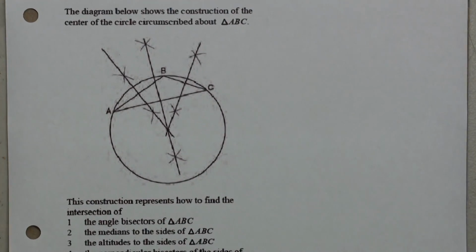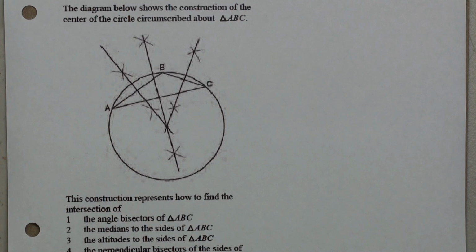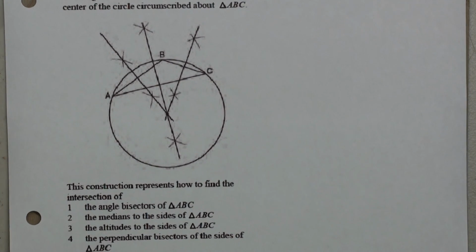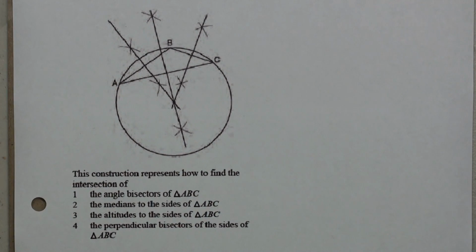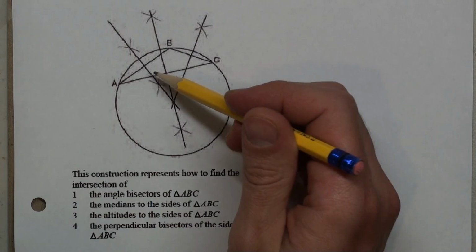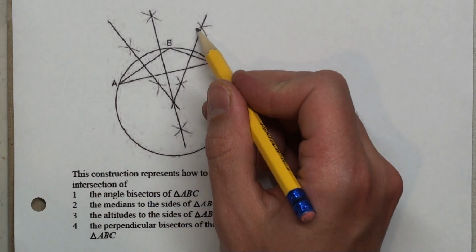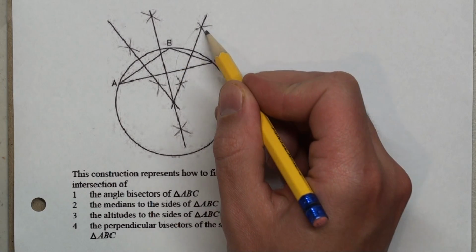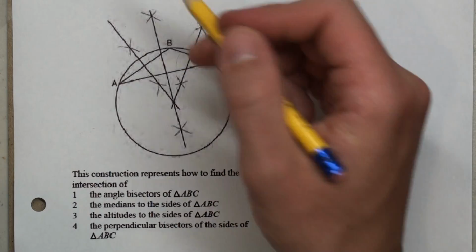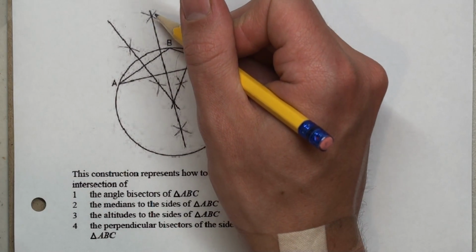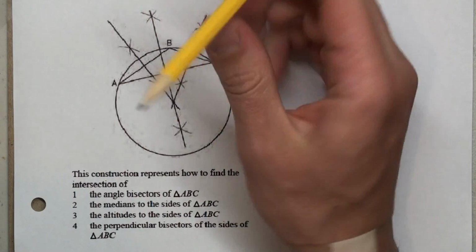The diagram below shows the construction of the center of the circle circumscribed about triangle ABC. This construction represents how to find the intersection of, look, these lines are the perpendicular bisectors, right? You see the construction lines? That's the construction for the perpendicular bisector, right?